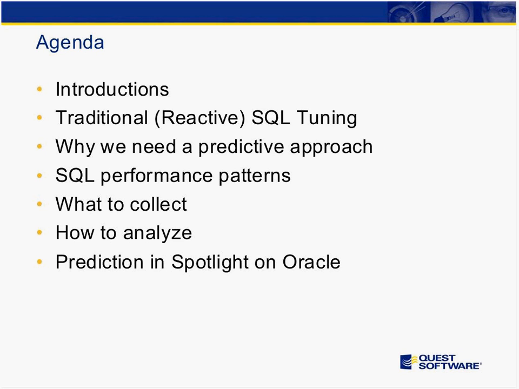To do that, we need to talk about what sort of performance patterns you see in the SQL as it's running and how it may change over time, so that a SQL statement that may be performing well today may not be performing well 2 or 3 months from now. To do that, we have to talk about what information we need to collect, and analyze that information in order to make some sort of prediction. And finally, the approach that we've taken in Spotlight on Oracle to help you in this.